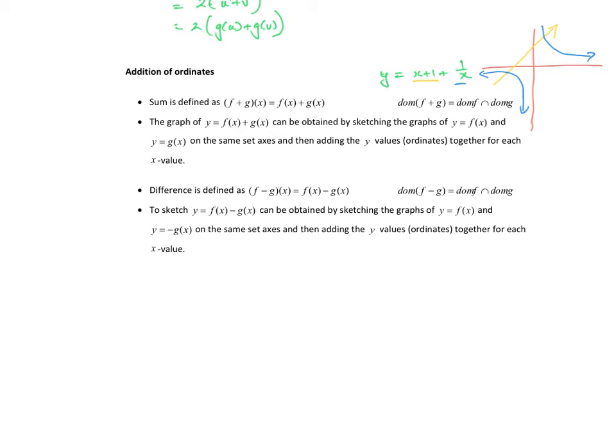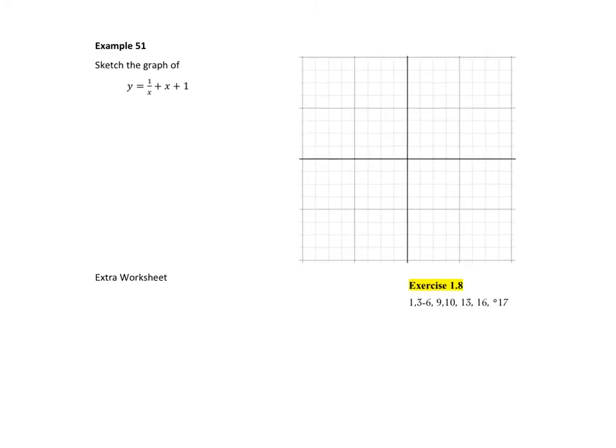Obviously, I can do the same thing for a difference. I can subtract the values or just sketch the negative of one of the graphs and then add the points together. So it takes a little bit of practice. And we've got a worksheet that we can have a look at here to help us.